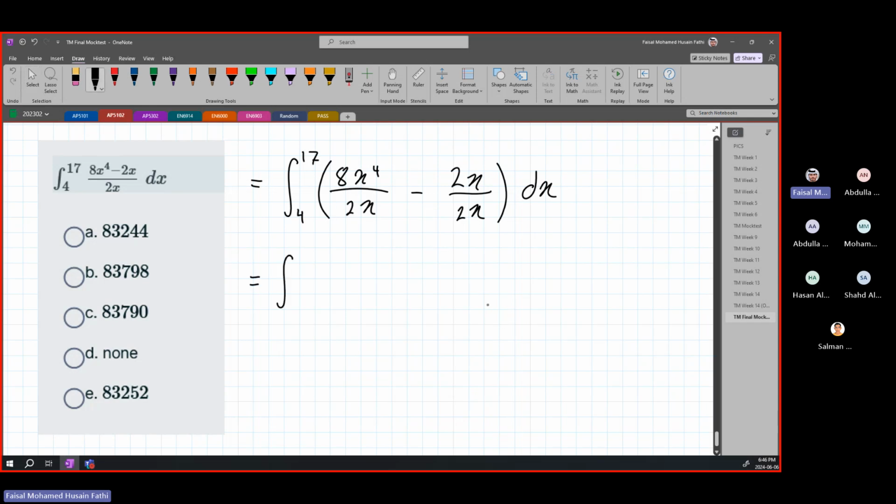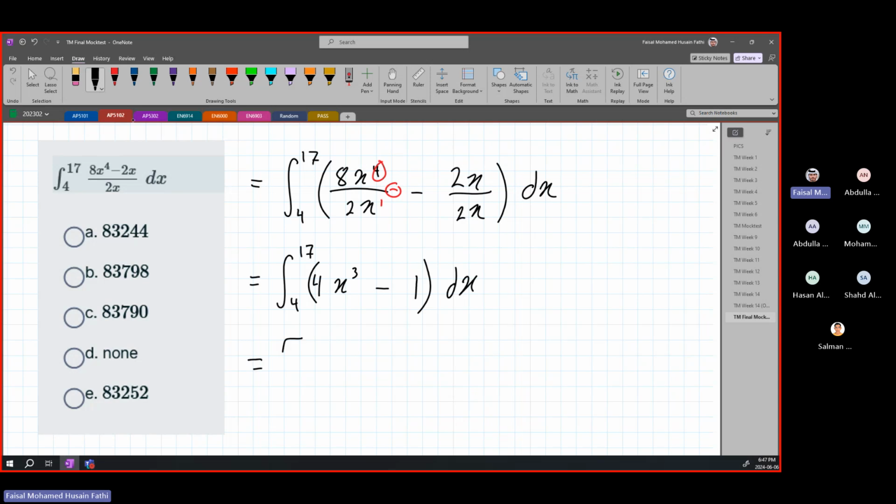Remember, this is just power rule, so you have x power 4 here, x power 1 here, you're going to subtract, and you will be left with 8 over 2 is 4, x power 4 minus 1, which is 3, minus 2x over 2x is simply 1, times dx.